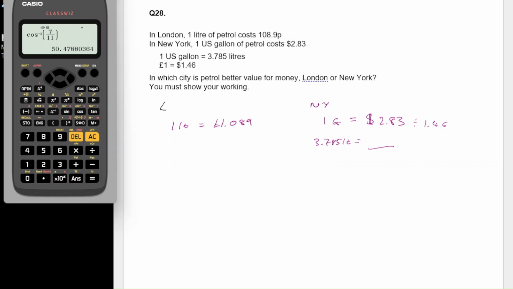So 2.83 divided by 1.46 gives us 1.19335... So 1 litre in the US will cost us, I need to divide that by 3.785. That's 0.512... pounds. So New York is a lot cheaper.